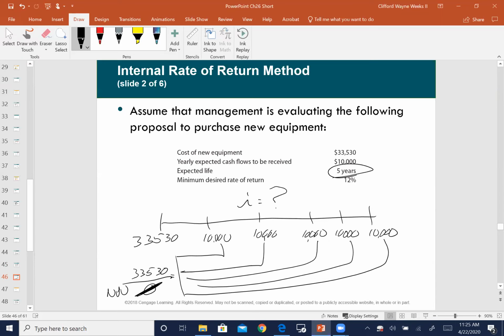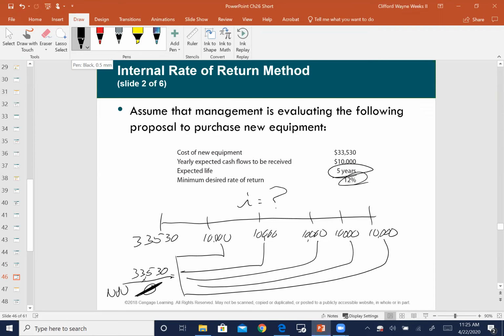They give us the minimum desired rate of return, but if we use that, we're going to come up with a number that is higher. This is not going to equal 0. You could calculate that on your own. What we want to know is at what interest rate the present value of this annuity would give us this 33,530.